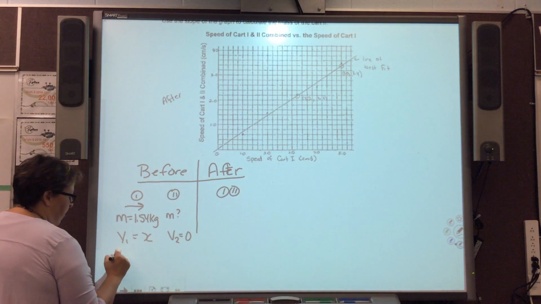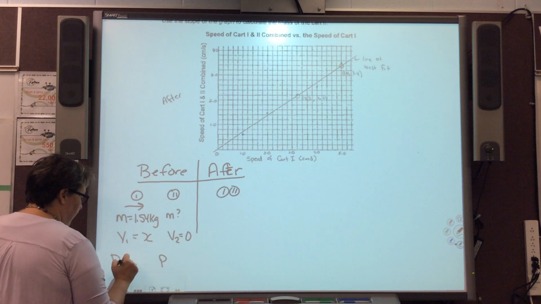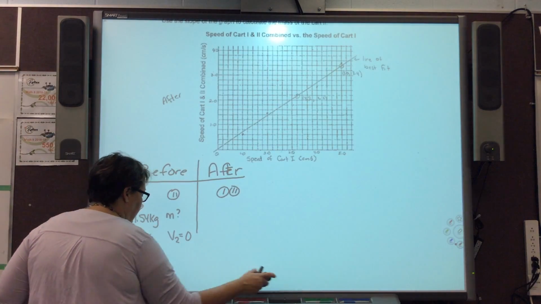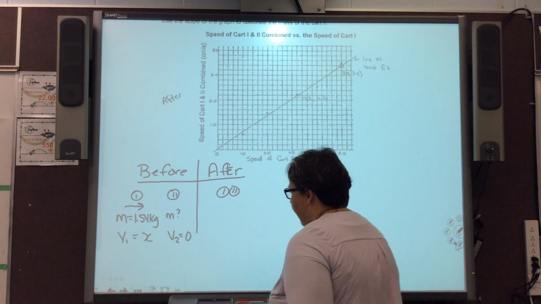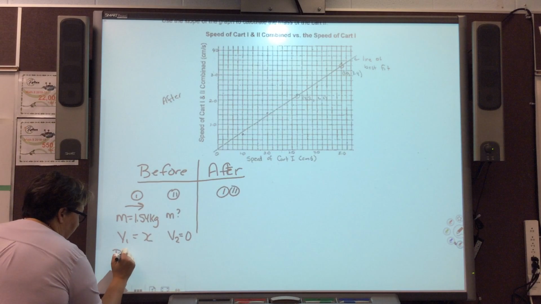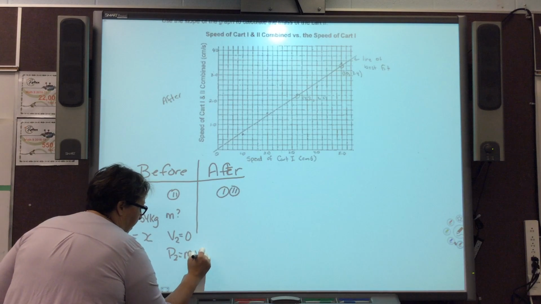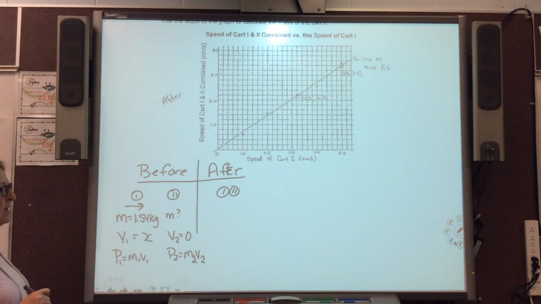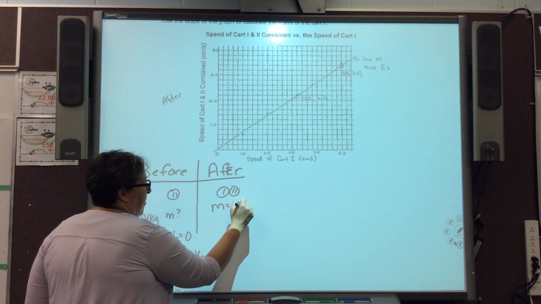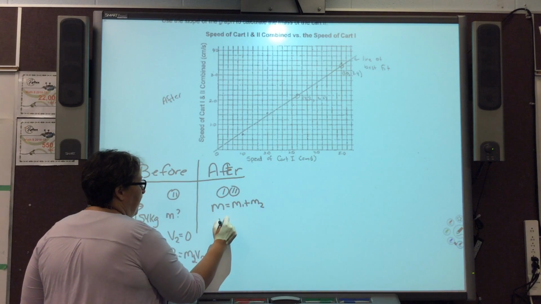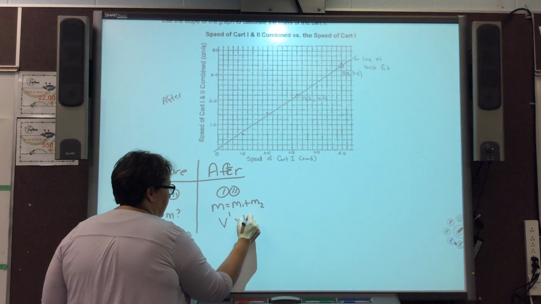And we know that momentum before is equal to, oh, the smartboard does not like this part of the board. Okay, after they're together, so their masses are combined, and their velocity is off of the y-axis.